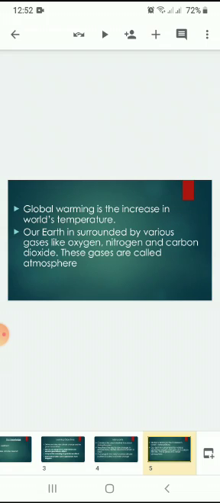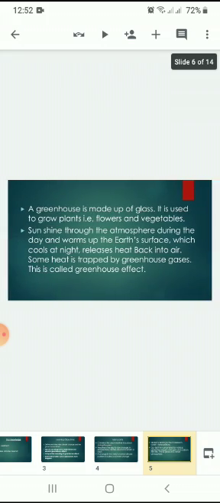Our Earth is surrounded by various gases like oxygen, nitrogen, and carbon dioxide. These gases are called atmosphere. A greenhouse is made up of glass. It is used to grow plants like flowers and vegetables.